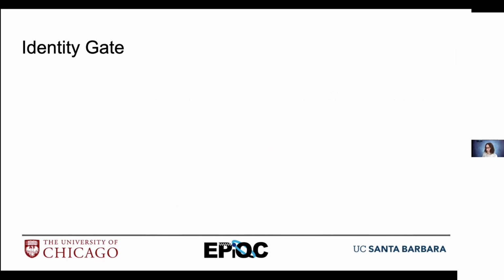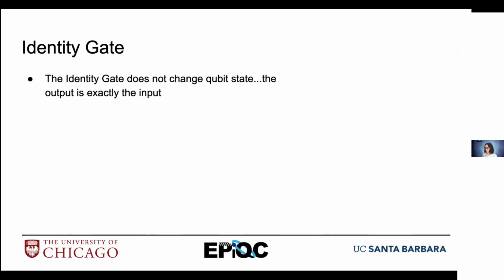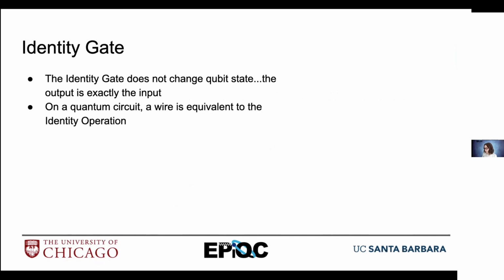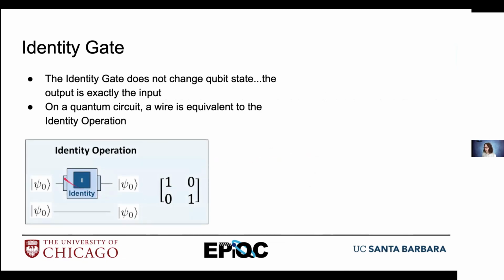We've already talked about the identity gate, but it's worth bringing up again because it's very important for tensor product of operations. The identity gate does not change qubit state. The output is exactly the same as the input. On a quantum circuit, when you see a wire, that is equivalent to the identity operation. These are both examples of identity operations.